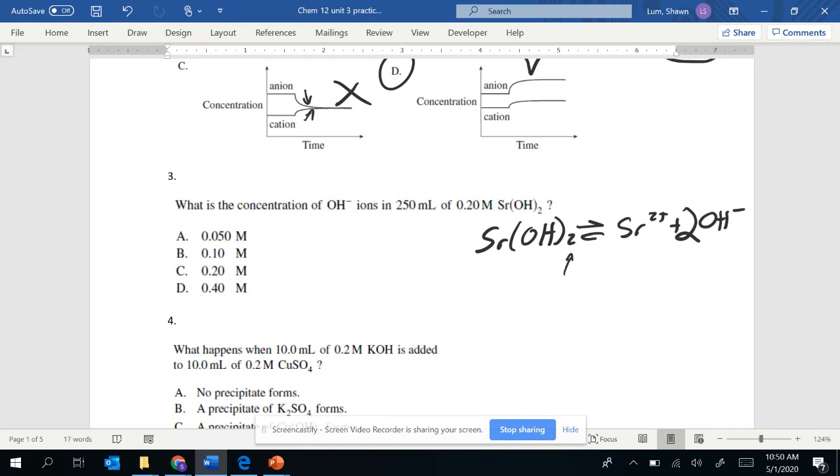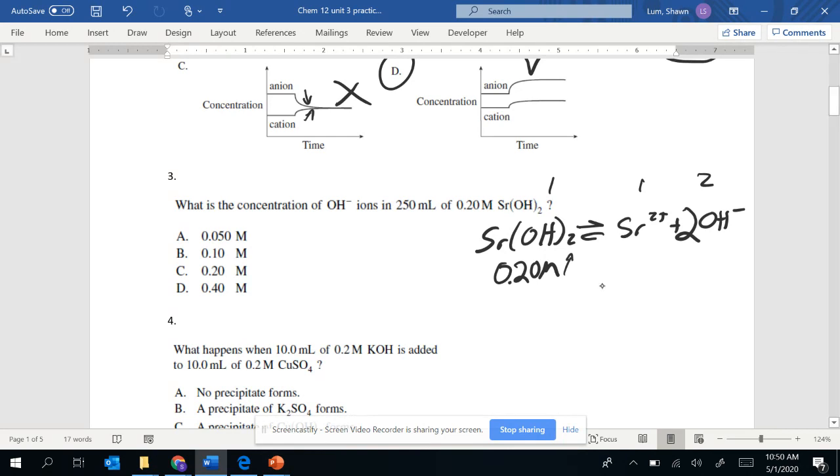Now, if this is a 0.20 molar solution, it is a 1:1:2 ratio. I know we didn't learn this in our Microsoft Teams. It's because we learned all about this before spring break.